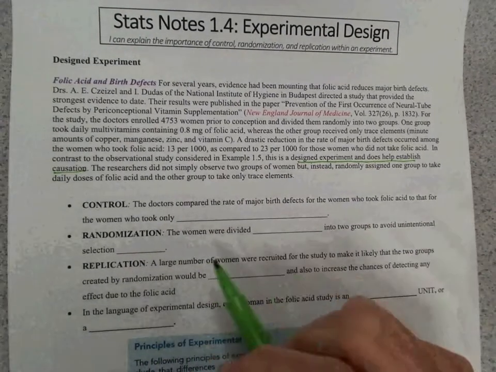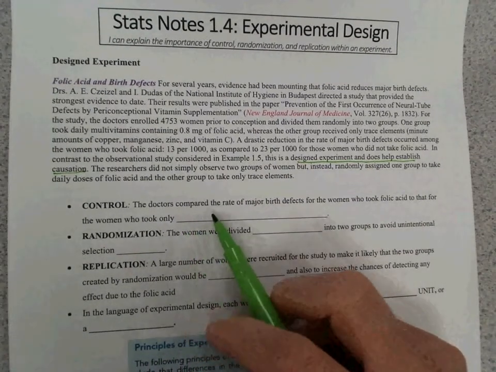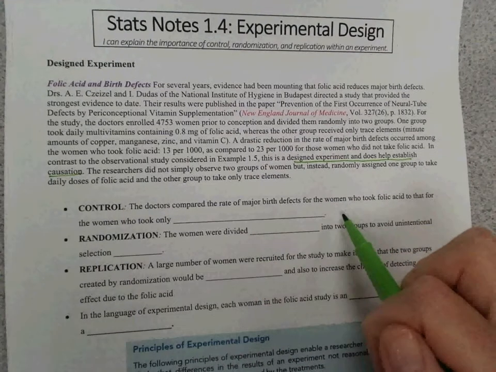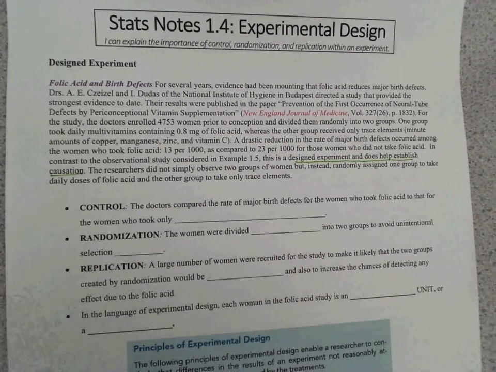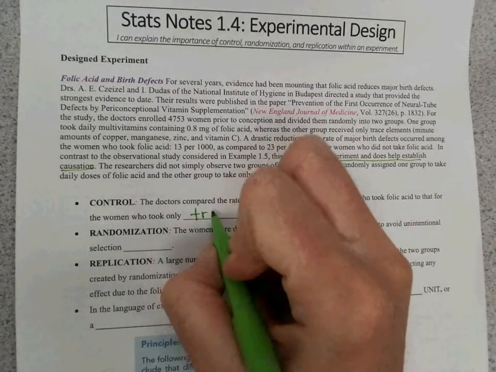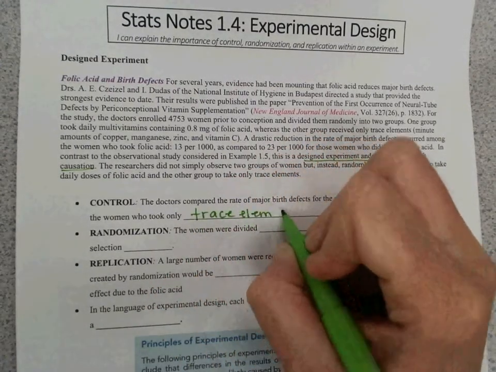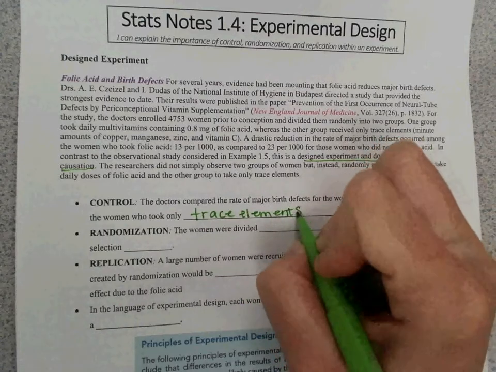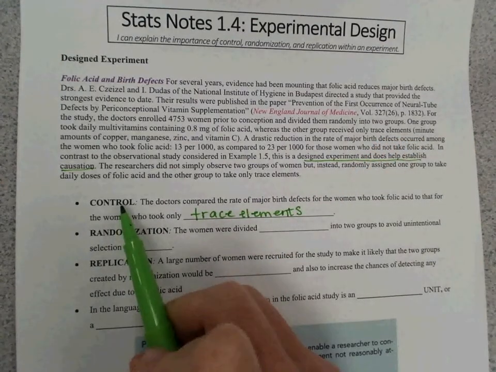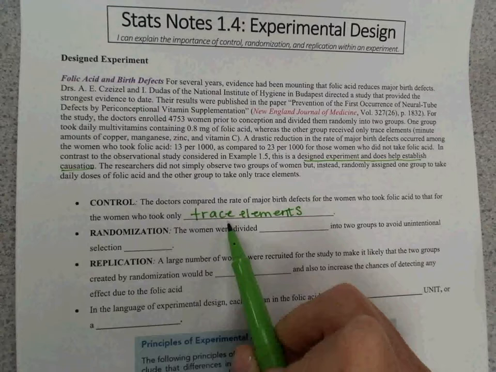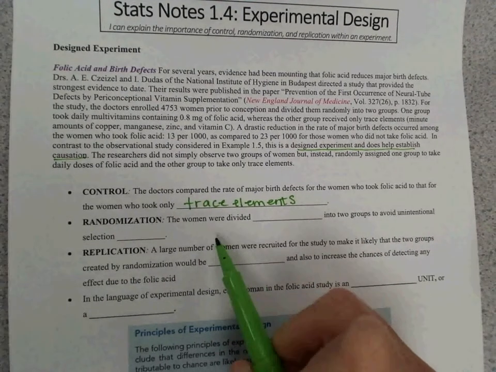So the control. The doctors compared the rate of major birth defects for the women who took folic acid to that for the women who took only trace elements. So you can see then the control would be the trace elements. Randomization.